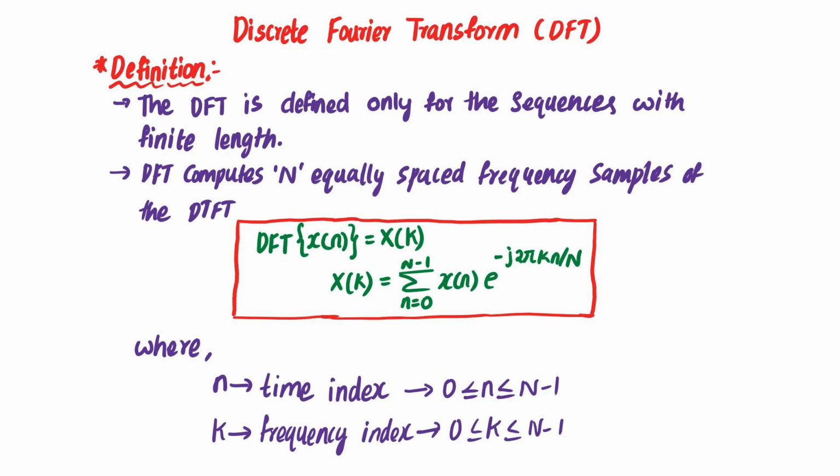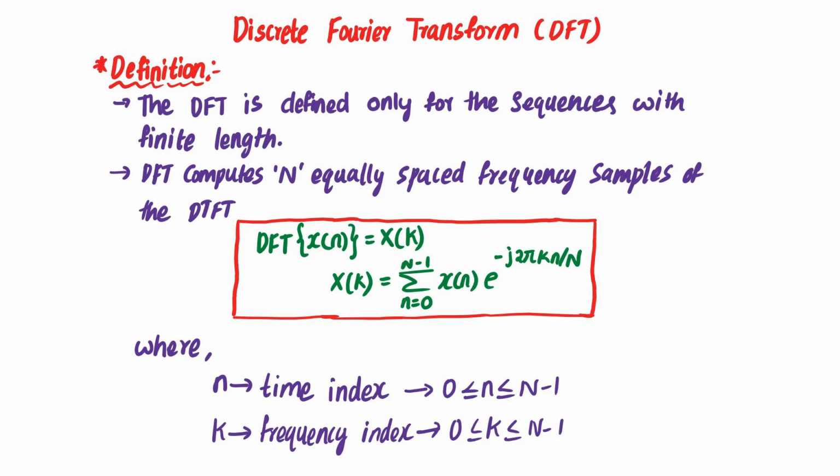So X of k, that is DFT of the finite sequence, is expressed as summation n equal to 0 to N minus 1 x of n e power minus j2 pi kn by capital N. Here the small n represents the time index of the given signal. It is ranging from 0 to capital N minus 1. The small k represents the frequency index of this frequency transformed signal. So here it is also ranging from 0 to N minus 1.